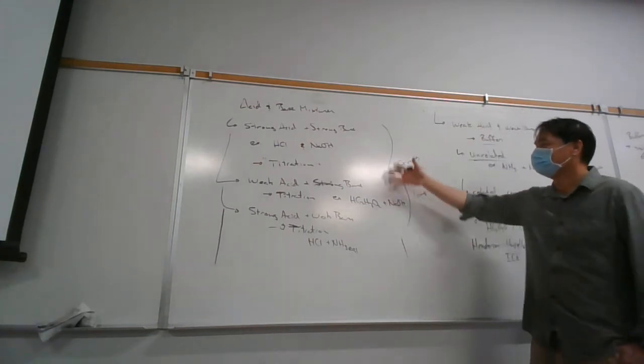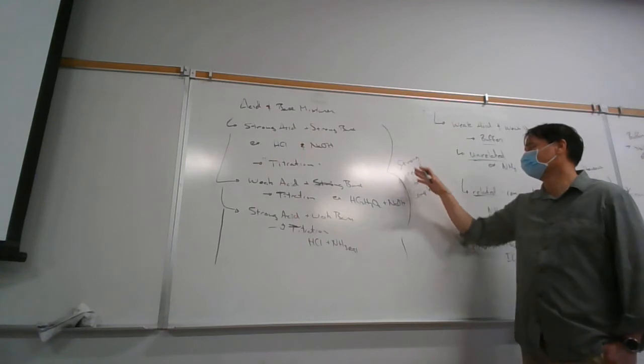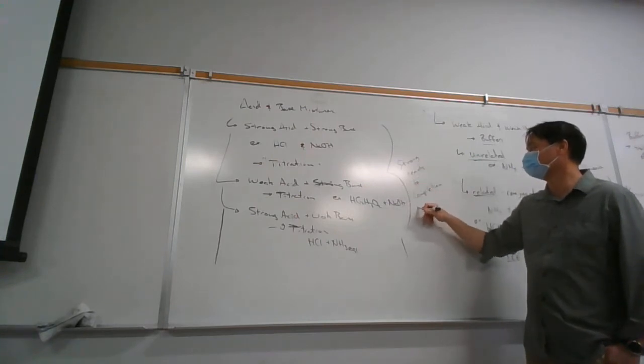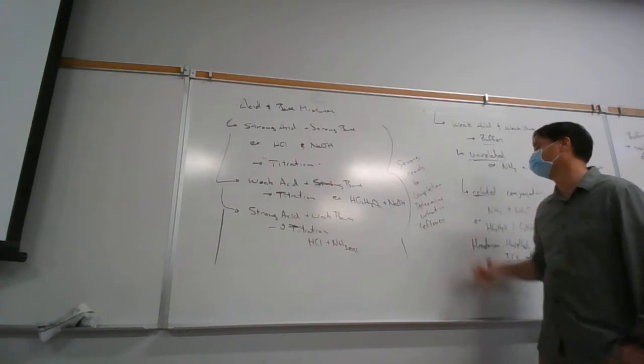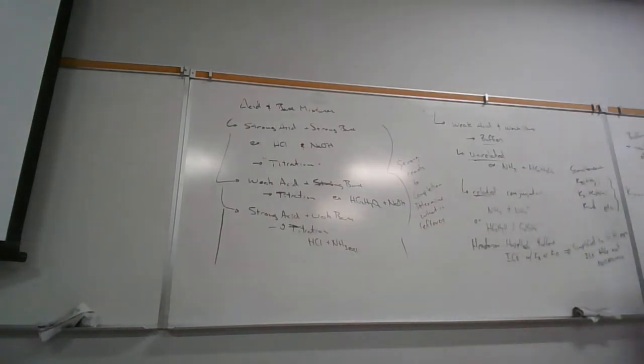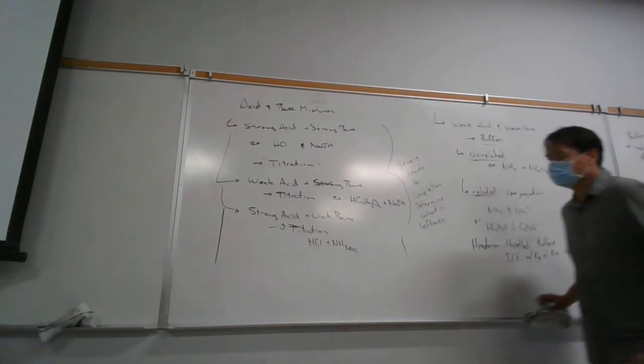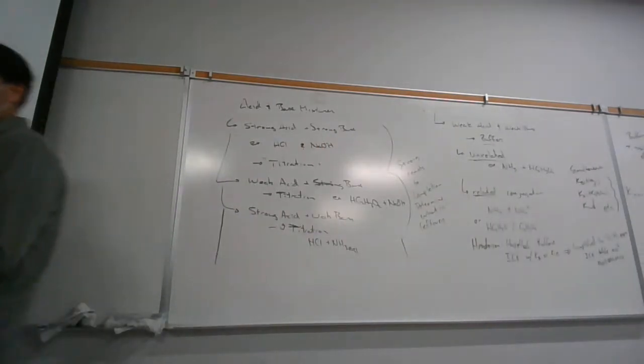So the way we tackle these problems is: the strong reacts to completion, then determine what is left over. For the Henderson-Hasselbalch, we just look at the ratio, and we can easily figure that out. Okay, so let's take a look at some simple terms.